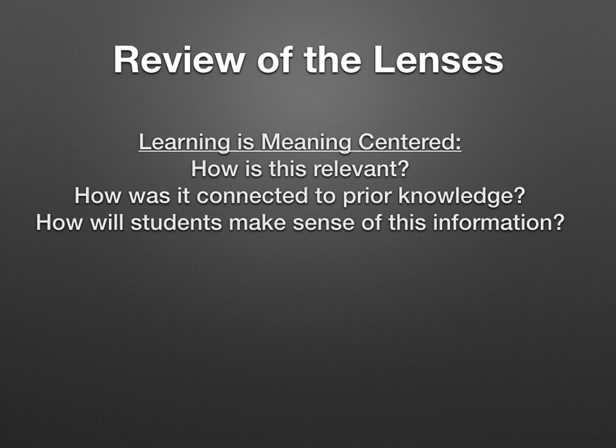Anything that relates to this meaning-centered lens, how did they make meaning out of what you were saying? Was there some turning and talking? Were they doing something on their own? How did they make sense of it? So look down at that short mini lesson that you wrote and put a little M in a circle around any of the places where you can connect to that meaning-centered lens. That's the first thing we're going to do right now. I'm going to give you just a second to do that.